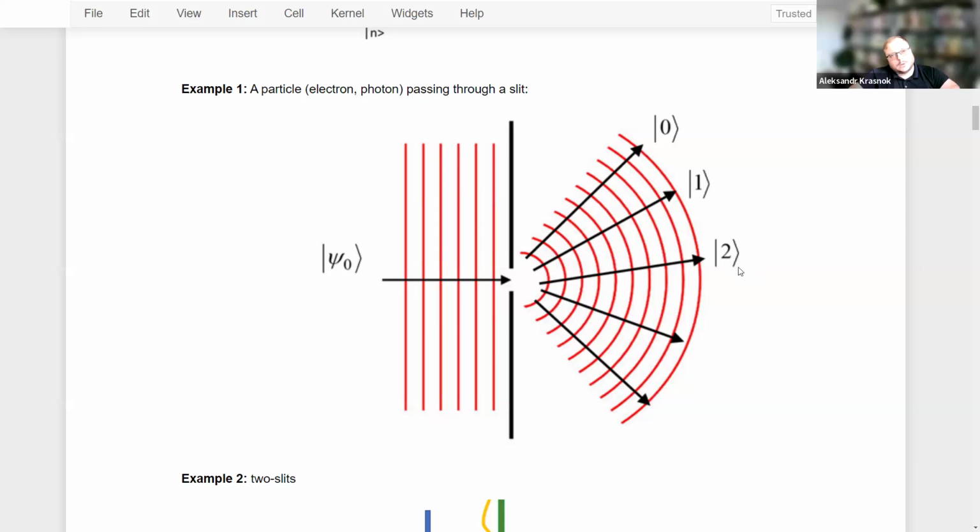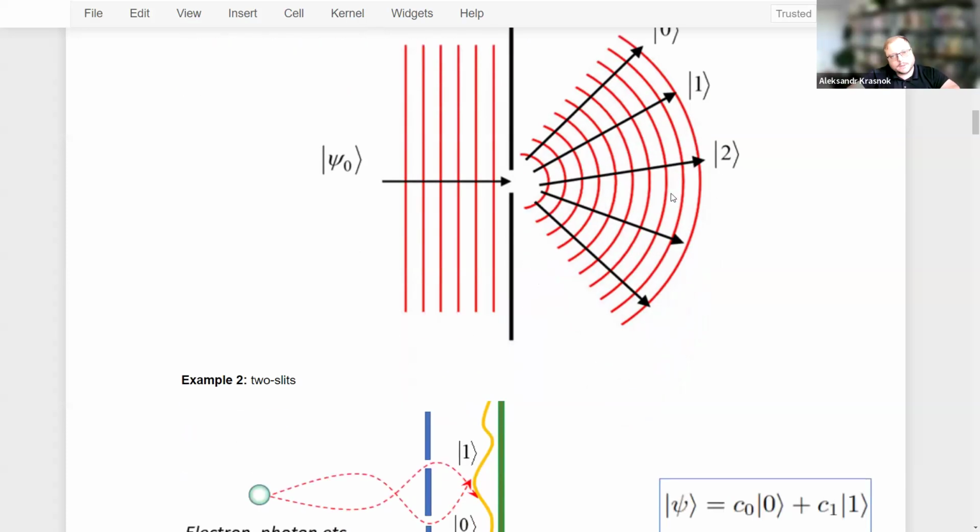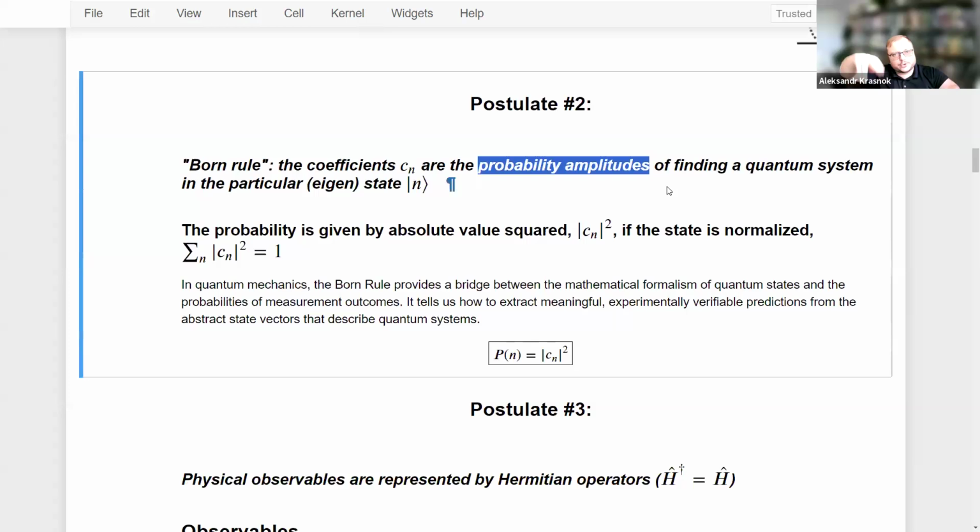Maybe more electrons will arrive at this point because it's a more symmetric point. Then I can plot the distribution of electrons after this slit. It will be a function with several minima and maxima. This final distribution is given by the absolute value squared of this coefficient Cn.